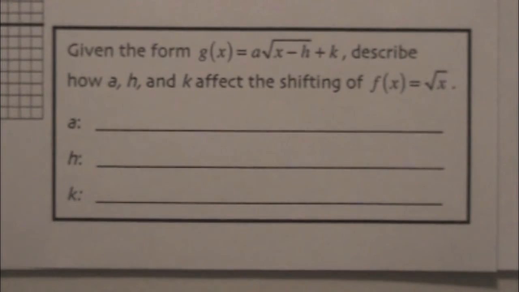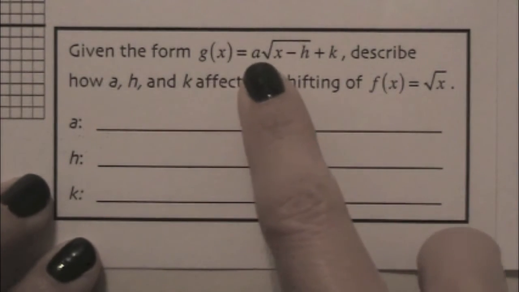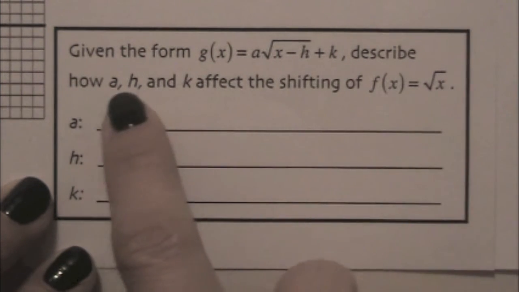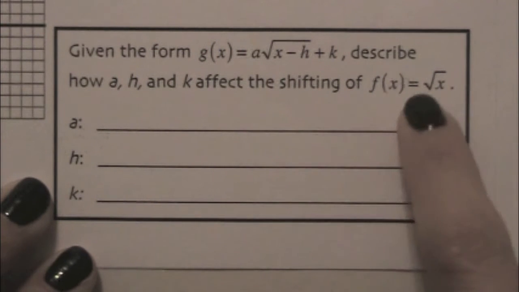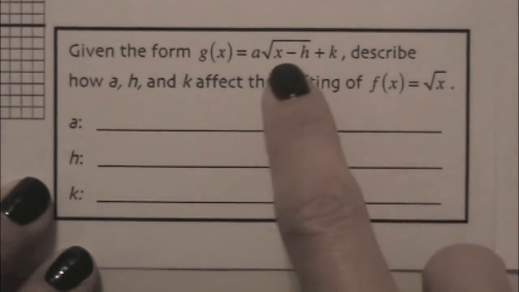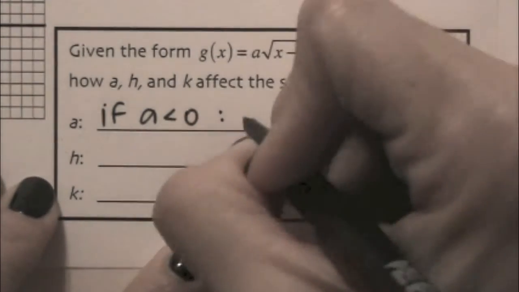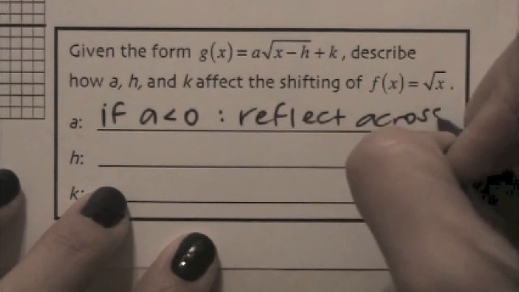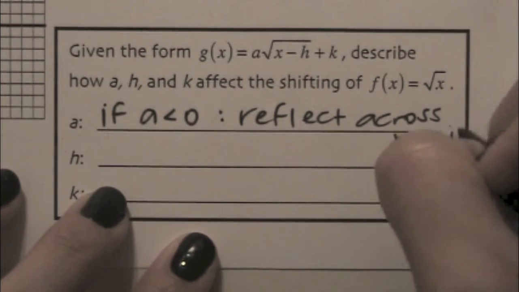Okay, to sum up all of our transformations, it says given the form g of x equals a times the square root of x minus h, plus k, describe how a, h, and k affect this shift from the original parent graph of the square root of x. So the a: if a is negative, we have a reflection across the x-axis.